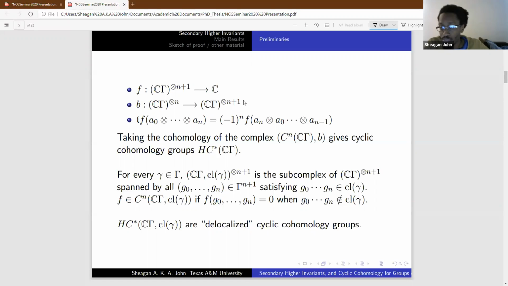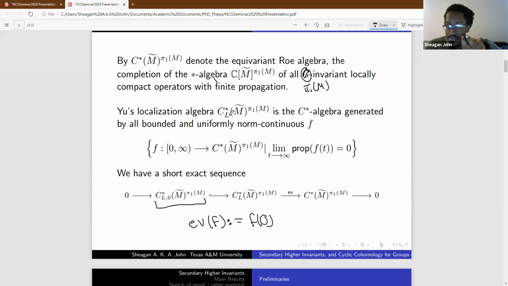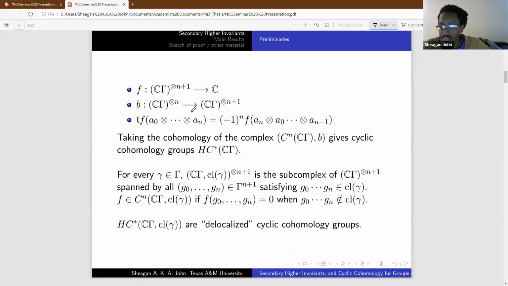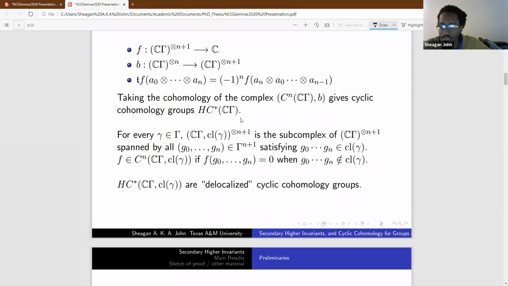As part of why we call this cyclic cohomology. So when we take the cohomology of a chain complex of this kind, we get the cyclic cohomology groups. And we can pair these cyclic cocycles generally with elements in our algebras. At least that is going to be the intention. Now, something else is to consider delocalized cyclic cohomology groups.